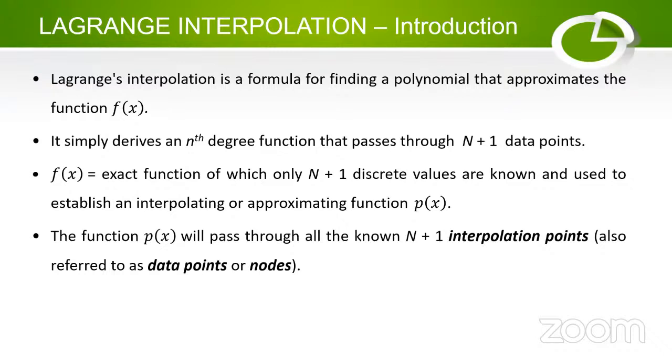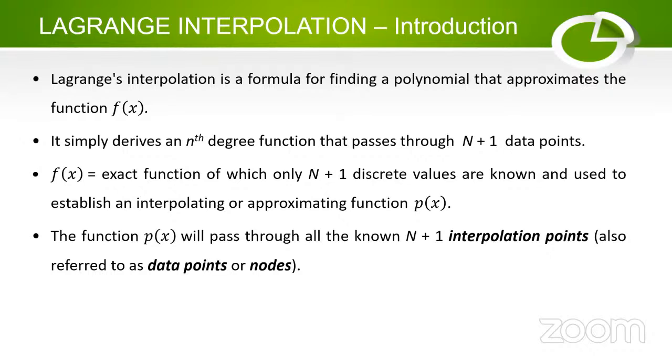So Lagrange interpolation is a formula for finding a polynomial that approximates the function f of x. It simply derives an nth degree function that passes through n+1 data points. The f of x is the exact function of which only n+1 discrete values are known and used to establish an interpolating or approximating function p of x.